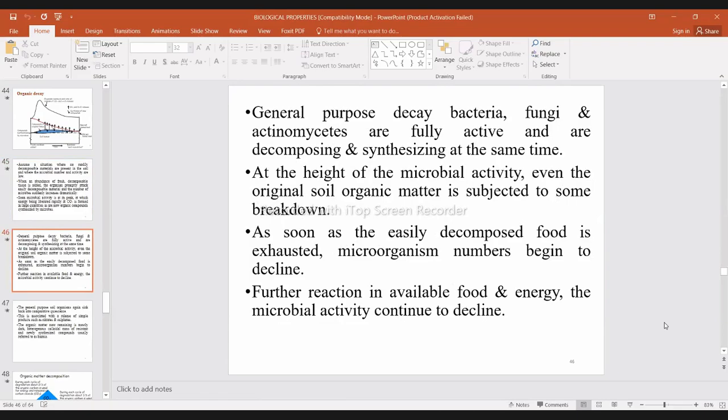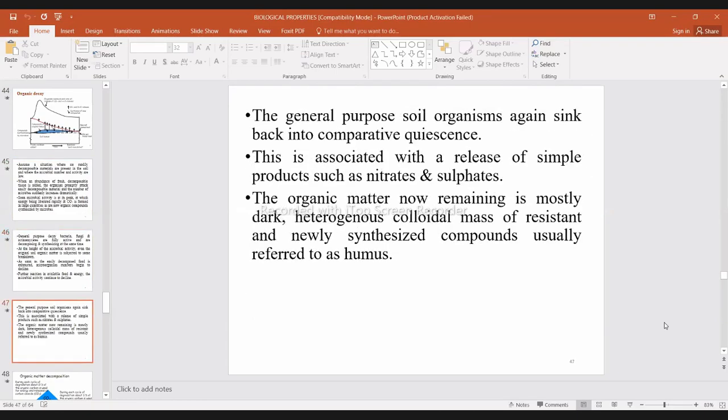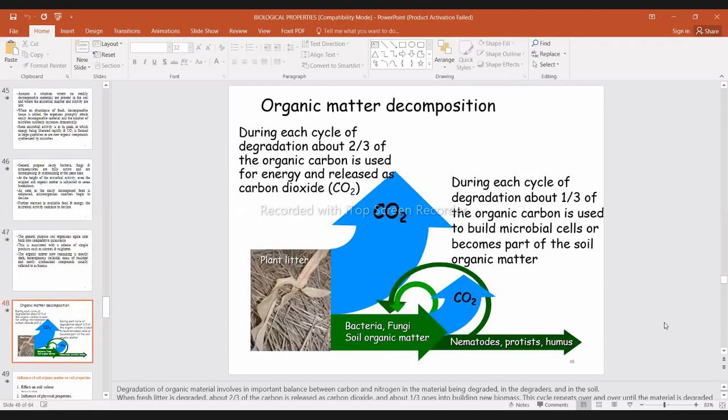So you can read this sentence and refer to the graph, then you can easily understand, right? Here, see the organic matter decomposition during each cycle of degradation. About two-thirds of the organic carbon is used for energy and released as carbon dioxide.